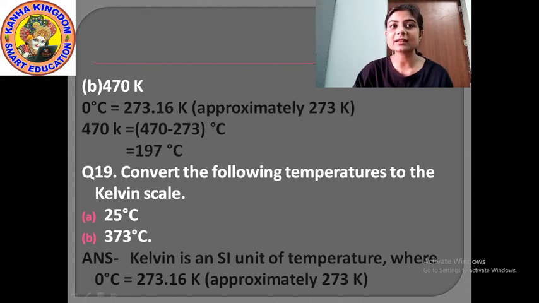That is, the answer is 197 degree Celsius. When you subtract 470 minus 273, the answer will be 197 degree Celsius. Okay.